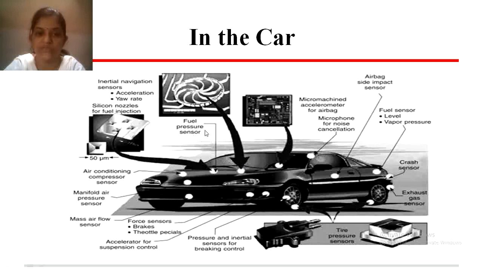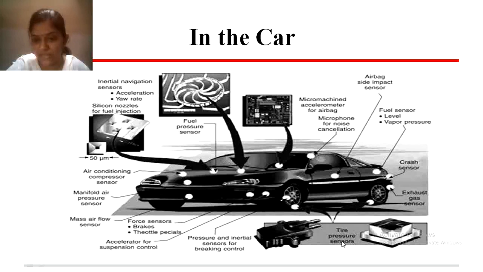If you see the fuel pressure sensor, then the inertial navigation sensor, that is accelerometer or rate sensor. The air conditioning compressor sensor is also here. The manifold air pressure sensor is also there, mass airflow sensor is also there, force sensors which are used for the brake and throttle pedals. Then accelerometer for the suspension control. Then pressure and inertial sensors for the braking control.